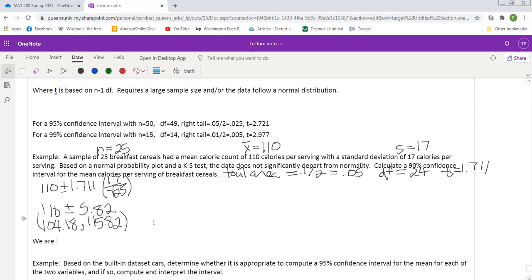So we are 90% confident the population mean, or the mean calorie count of all breakfast cereals, is between 104.18 and 115.82.